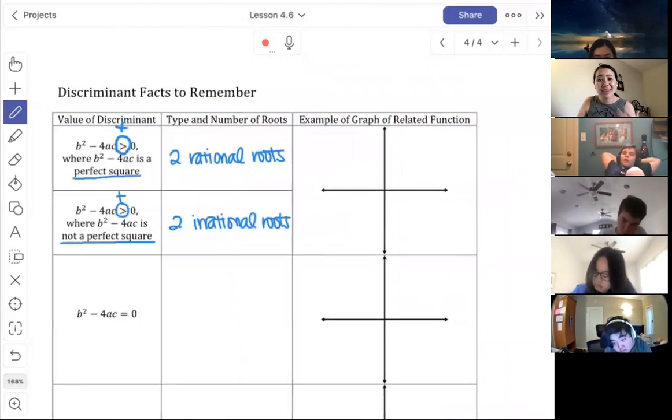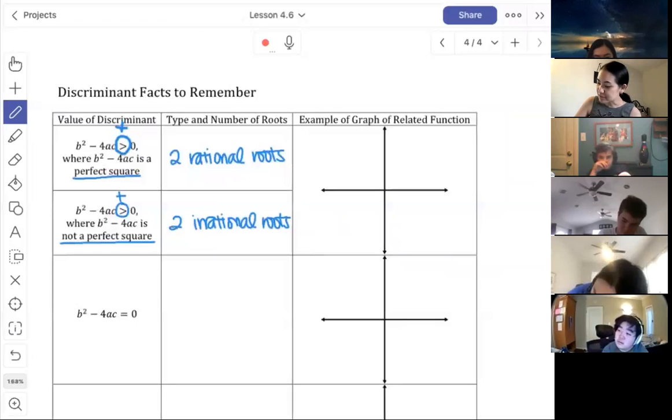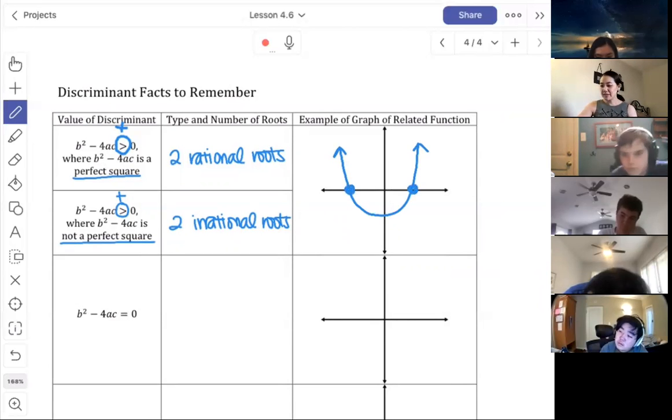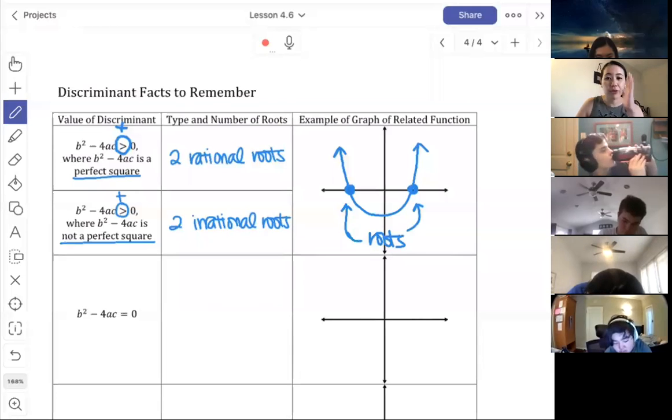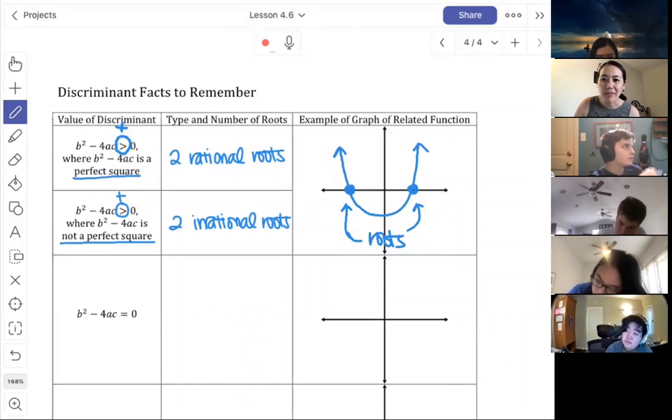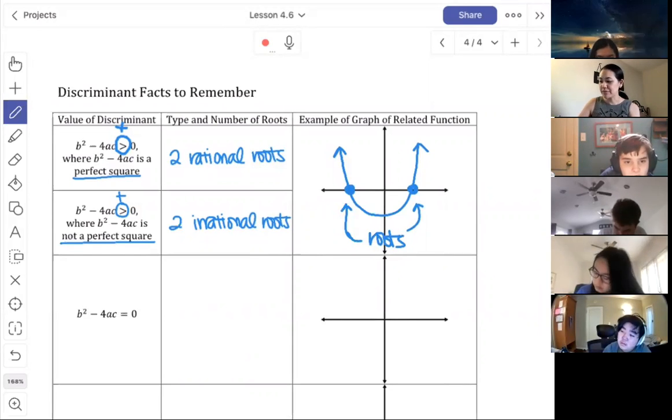And just so you can see it visually, what that means is your graph is going to hit the x-axis twice. This is your visual representation of the roots. If it's rational, it means those intersections will be nice numbers, like -3 and 1, for example. If they're 2 irrational roots, it just means that the intersections are not nice numbers.